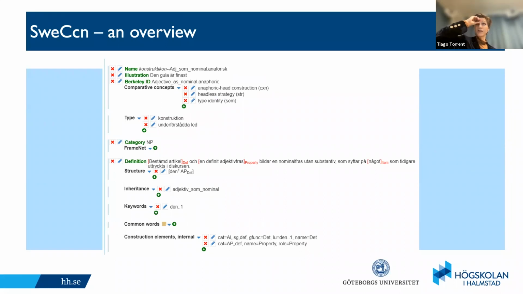So for the adjective as nominal anaphoric in this case, we have 3 concepts: anaphoric head construction, we have headless strategy as a strategy, and type identity semantics. So this is how it looks for the moment. Then I'll hand over to Peter.